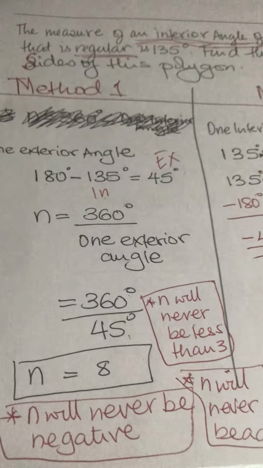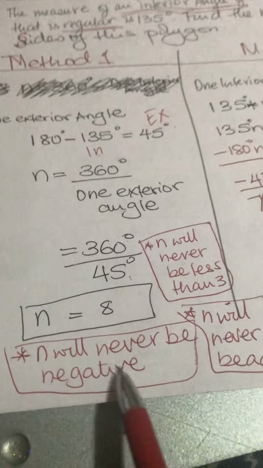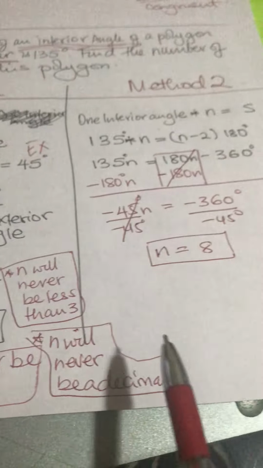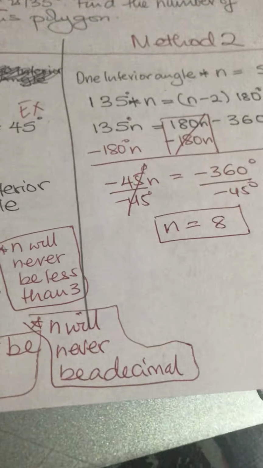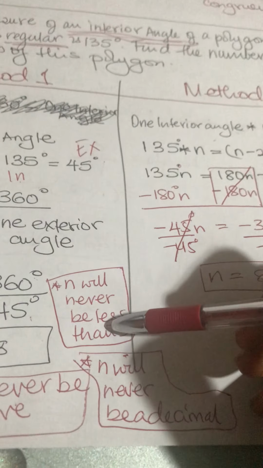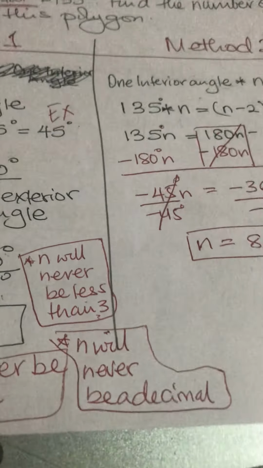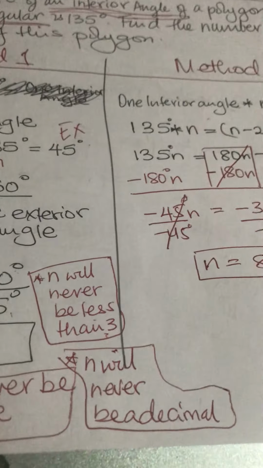Now, things you must know about n. N will never be negative. You get negative, you did something wrong. N will never be a decimal. You get a decimal, you did something wrong. N will never be less than 3. The smallest n is 3. Because the smallest polygon is a triangle.